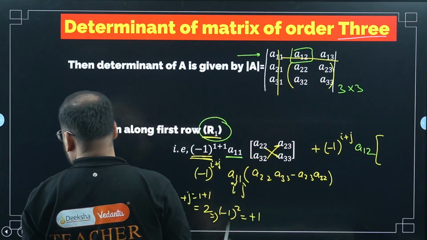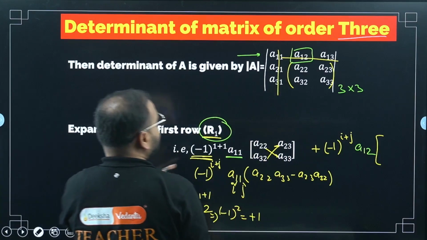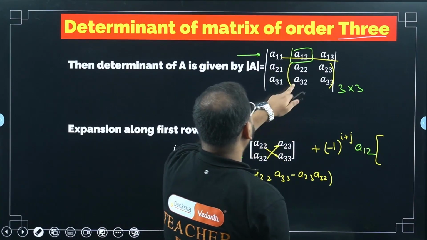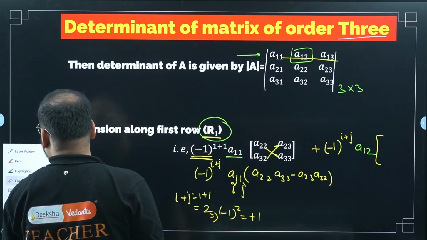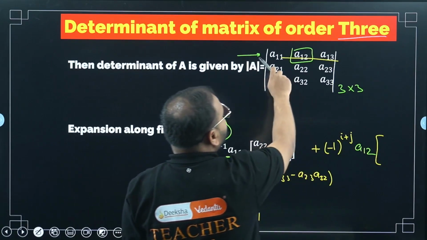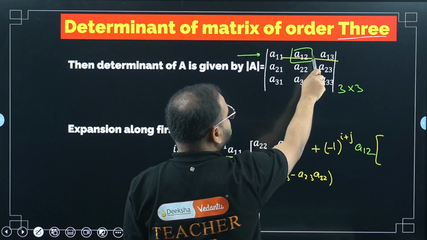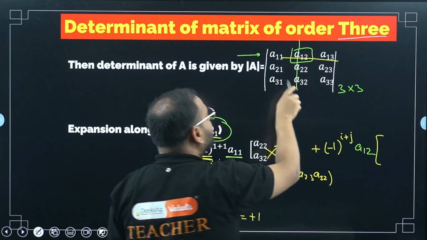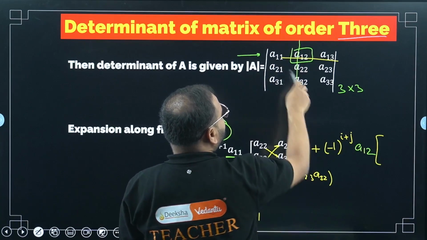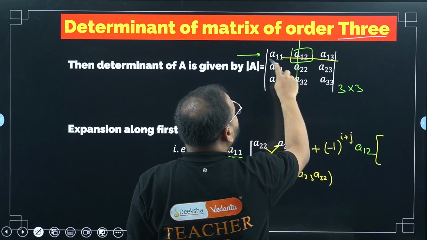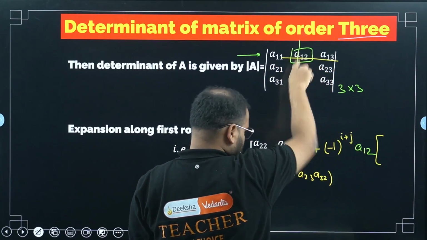Now see here. Once I have taken A12, the column will change, but the row will remain the same. A12 is still present in row 1, but it's now column 2, because A12 is not in column 1, it's in column 2. So I am not considering column 2 and row 1.